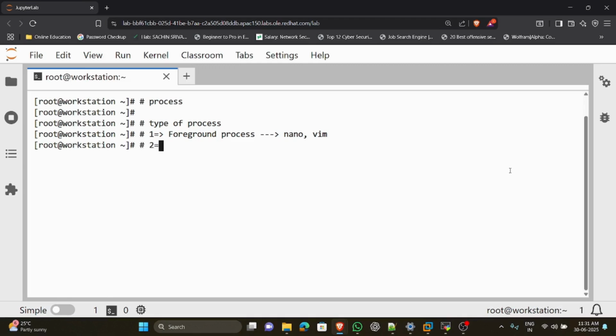At the same time, the other one is background process, which is running as a backend. Just like if you are running the command sleep 200 and then an ampersand, it will come under the background process.